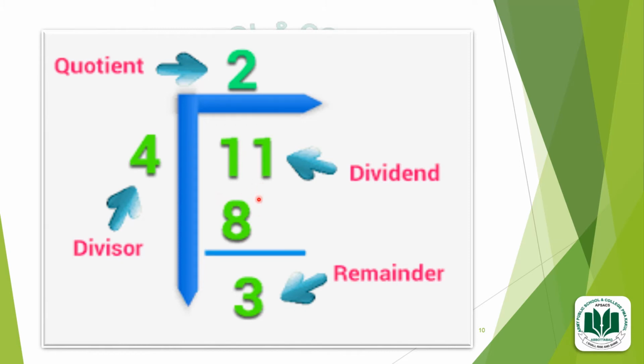So we do the subtraction 11 minus 8. 11 minus 8 becomes 3 and we write 2 in the quotient place. 11 is dividend, 4 is divisor and 3 is remainder.